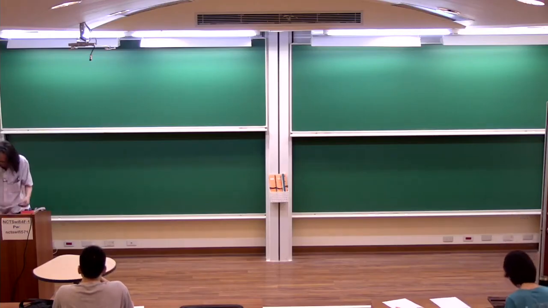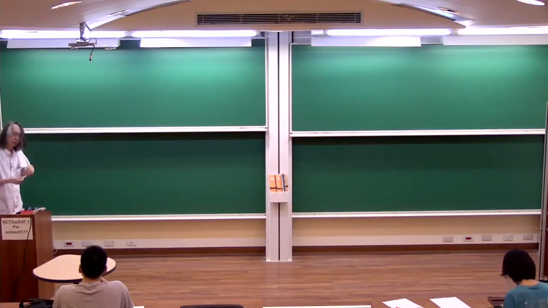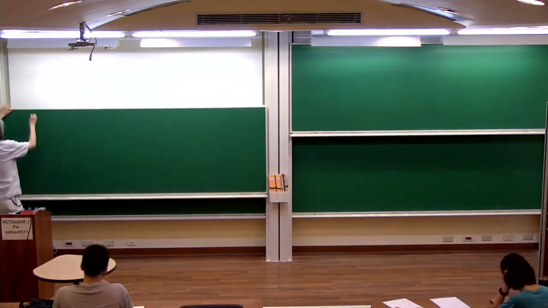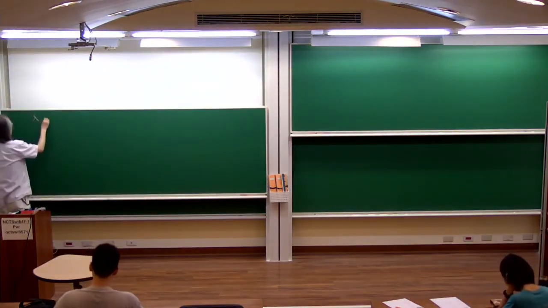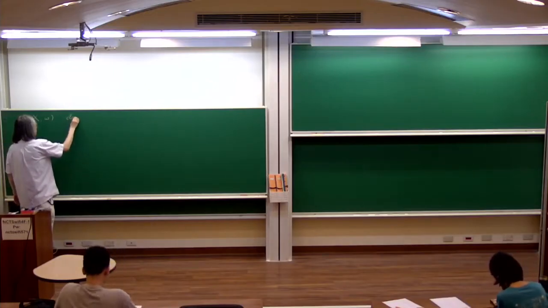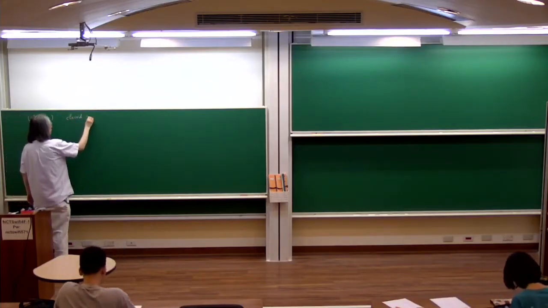Thank you very much. And so maybe I start with recalling something from last time. Let (X, omega) be a symplectic manifold, but I often only consider the closed case, a closed symplectic manifold.